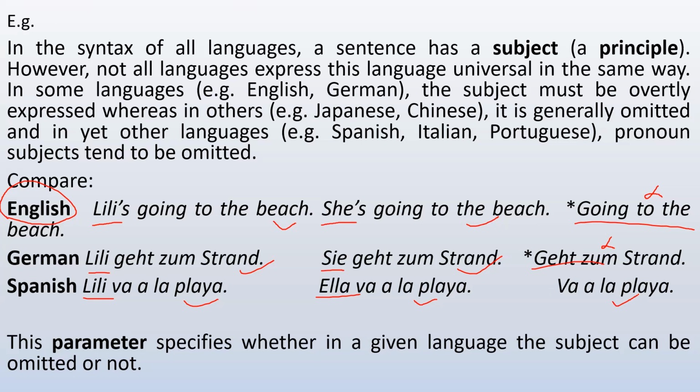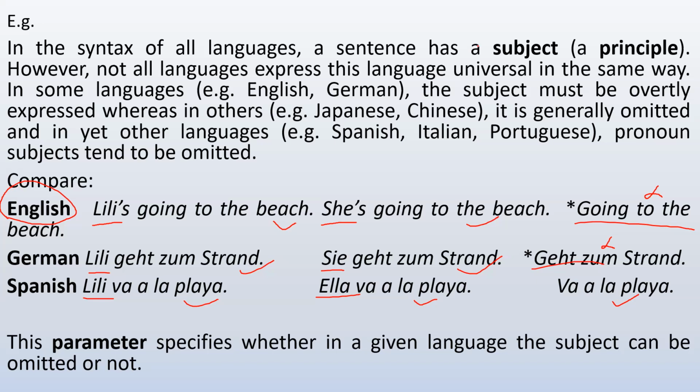They can say it, right? So now you need to understand the difference between the two terms, principle and parameter. That is what we are trying to clear out here. Principle is the commonly seen or observed feature. According to this example, the principle is the subject, because in any language, the sentence should have a subject.